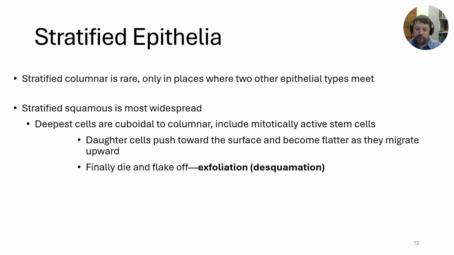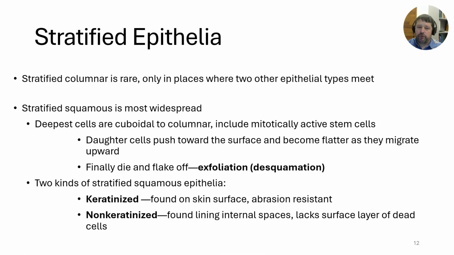So they might be cuboidal at first, and then as they migrate, they get squished down, they become squamous, and then they die off, and exfoliation would occur. Okay, so skin cells are a really good example of this. Your outside skin layer is a good example.